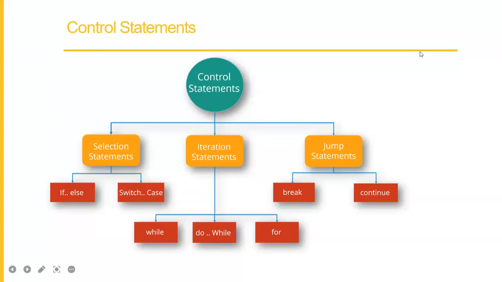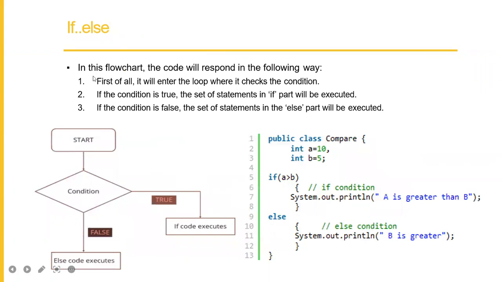So let's move on to the first one, the selection statement. In that, the first one is the if else statement. Let's go to the if statement. In this flowchart, this is the if else statement. Basically, it will first check the condition. If the condition is true, the true part will be executed.